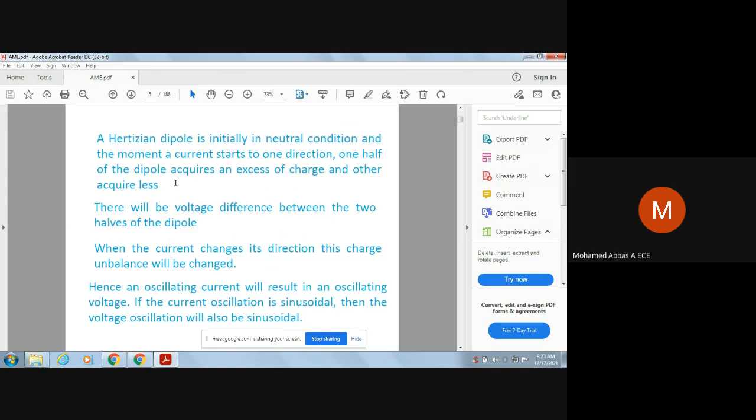Because of this, there will be a voltage difference between the two halves of the dipole. Since there is an imbalance between the charges in the Hertzian dipole, an oscillating current will result in an oscillating voltage. And if the current oscillation is sinusoidal, then the voltage oscillation will also be sinusoidal.